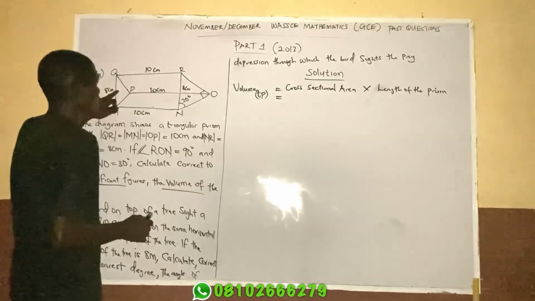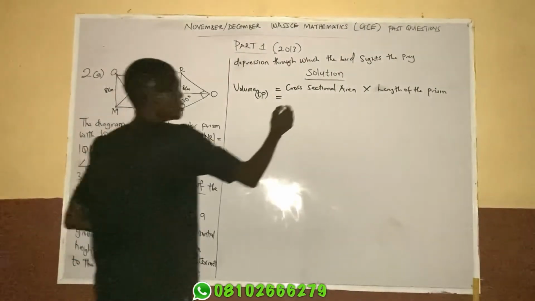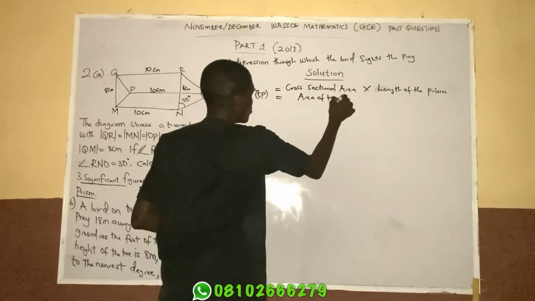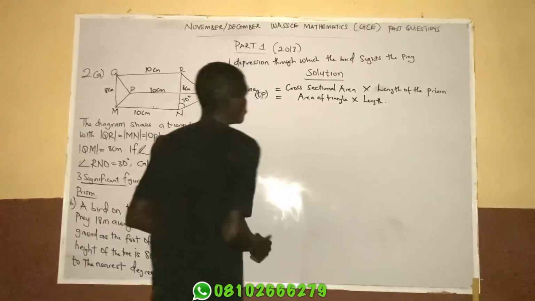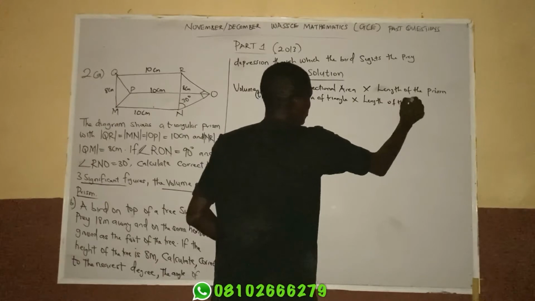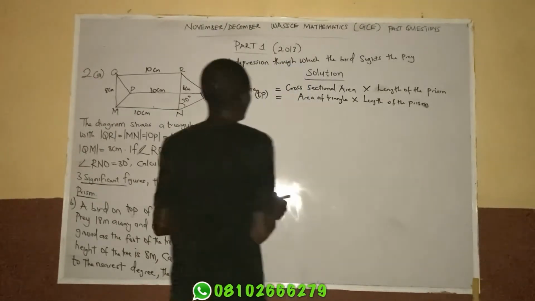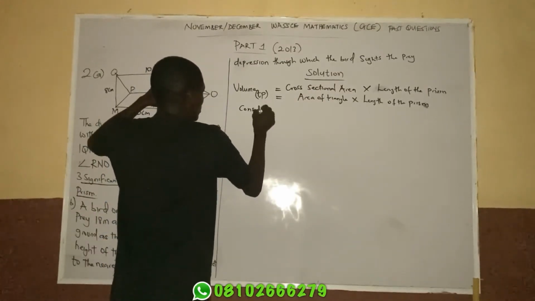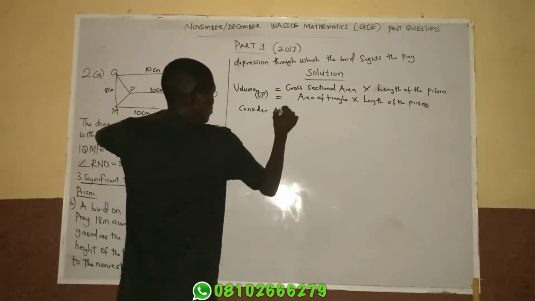The area of our cross-section will be the area of the triangle, times the length of the prism. So now let's consider triangle RON.